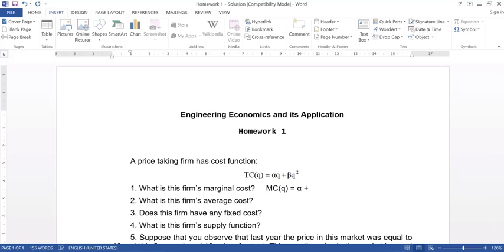Plus 2 beta Q. I can't find the symbol of beta.